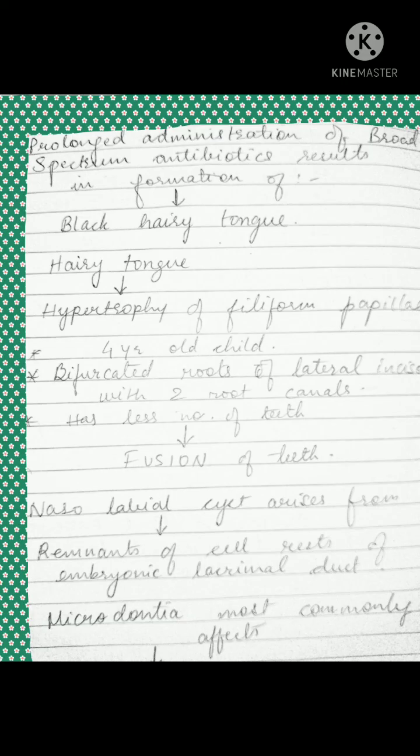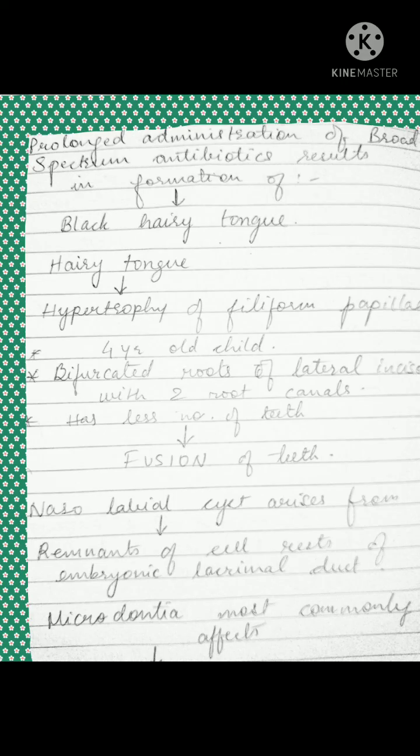Okay. So the next question is, a child comes to your clinic. He's just 4 years old, and when you check his oral cavity, there are fewer teeth. Okay, and on X-ray you can see that there is a bifurcated root of the lateral incisor with two root canals. So how is that possible? So the answer will be there is fusion of teeth.